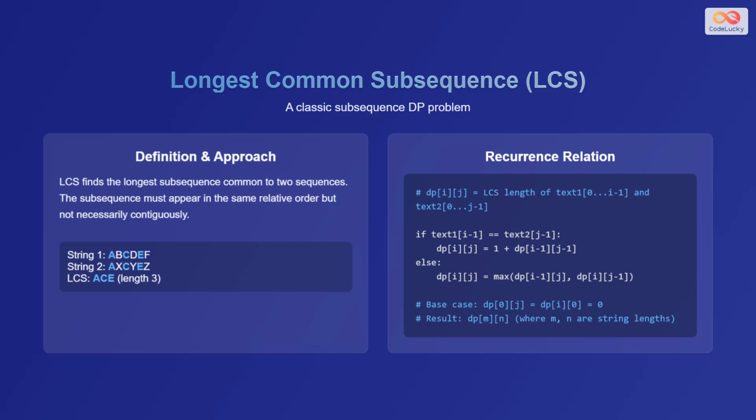The base cases are dp[0][j] is equal to dp[i][0] is equal to 0. The final result is dp[m][n], where m and n are the string lengths.